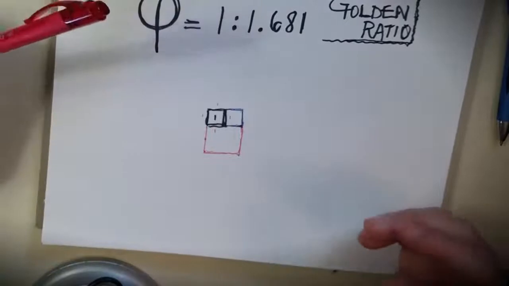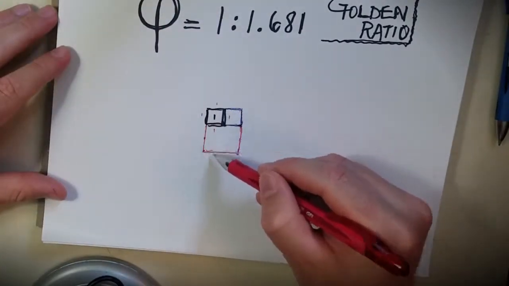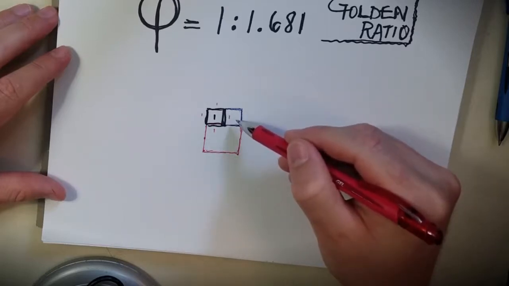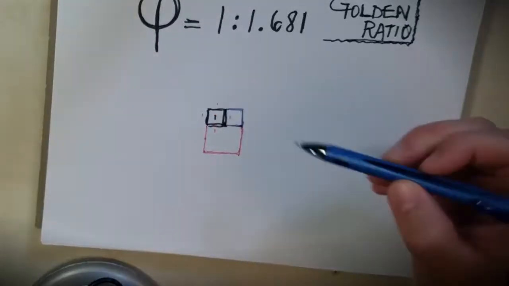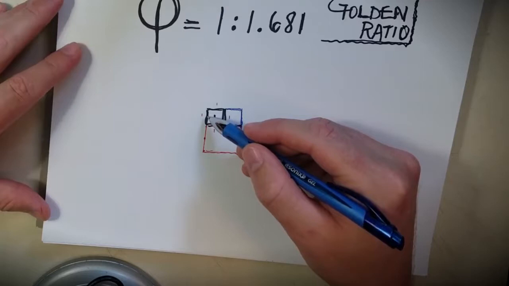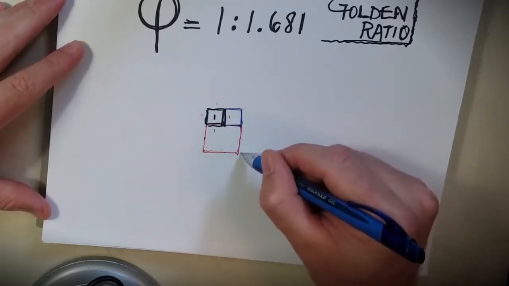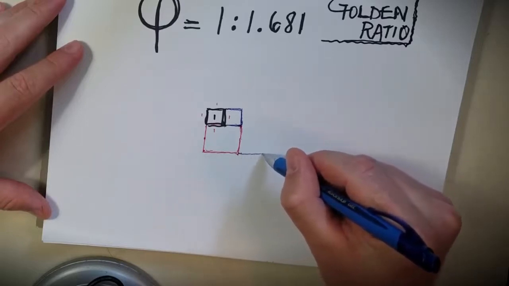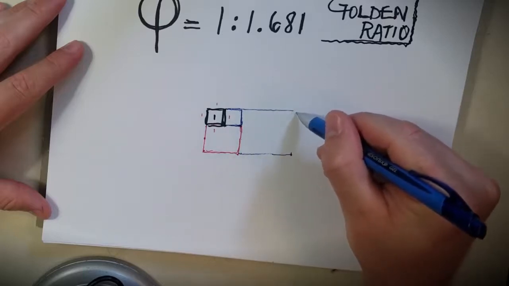And now you'll notice that the ratio of this to this, or this to the whole thing, is going to be extrapolated into 3 units. So I'm going to draw out 3 units here. 1, 2, 3.